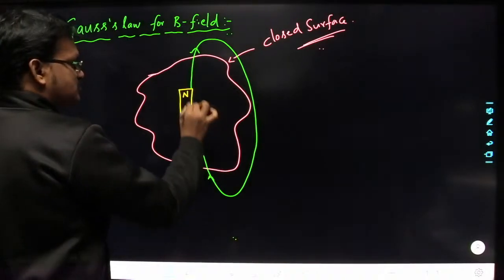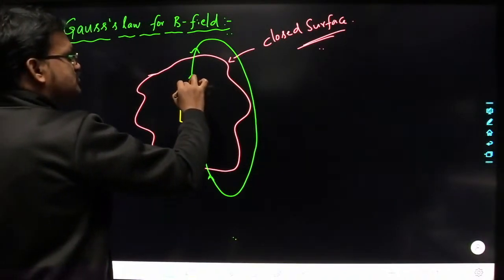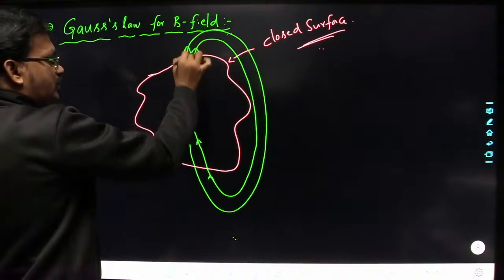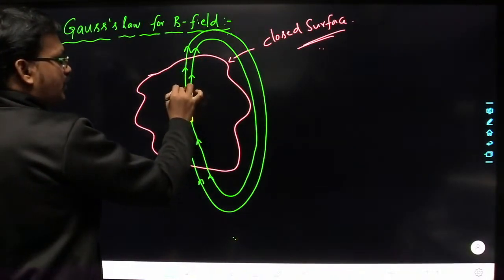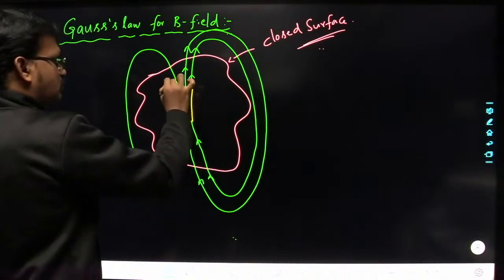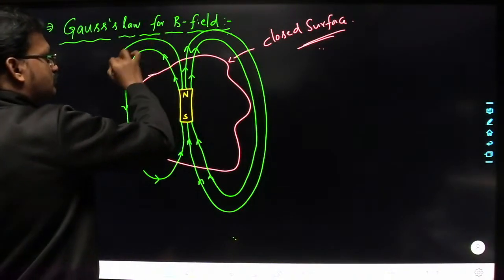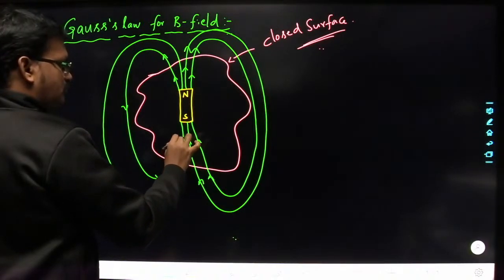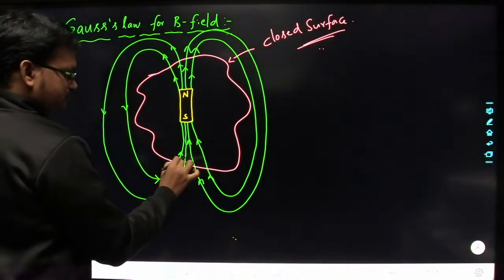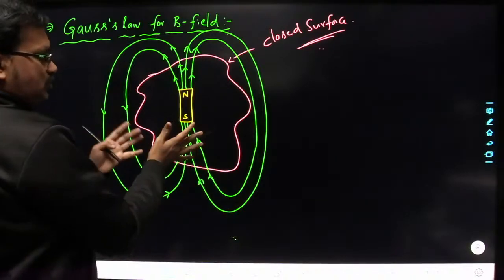So the field lines leave the north pole and enter at the south pole, right?